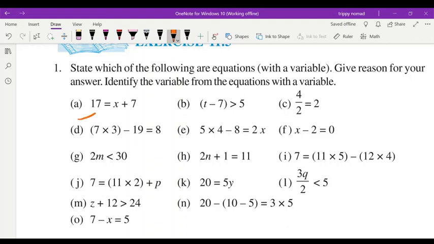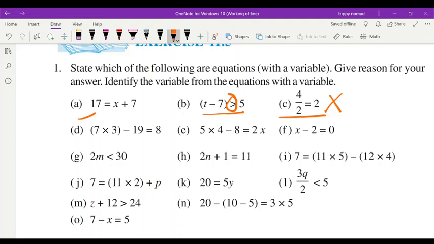Then the next one, this is not an equation. Why? Because which sign is given? Greater than. So this is not an equation. 4 by 2 is equal to 2. This is also not an equation with a variable.